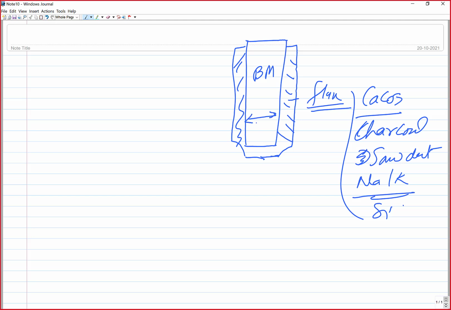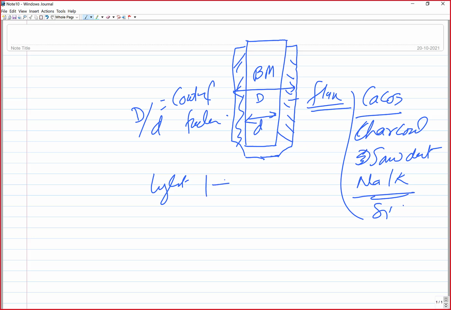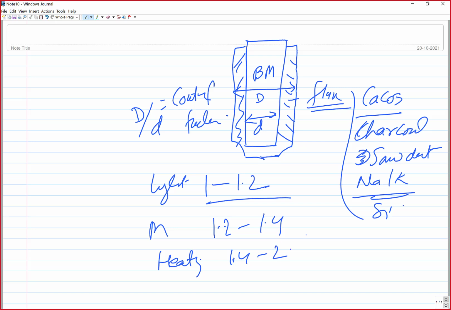So the diameter of the core wire is say small d, and the diameter of the electrode with the coating is capital D. The ratio capital D by small d is used to define the coating factor, how thick a coating you have over the electrode. Light coated is very thin, like say 1 to 1.2, medium coated is 1.2 to 1.4, and heavily coated, where the coating is very thick, is 1.4 to even up to 2.